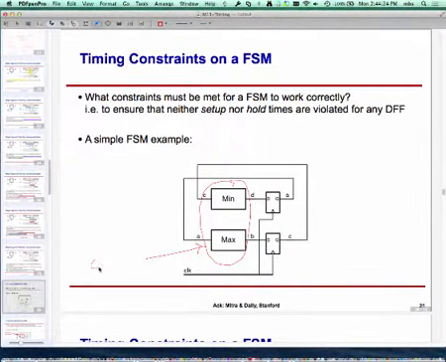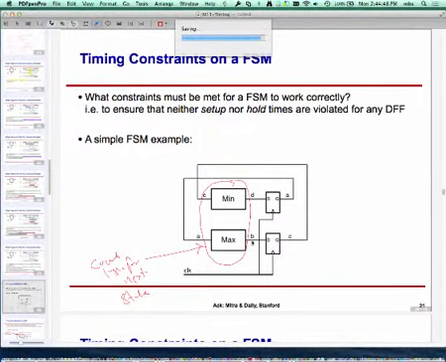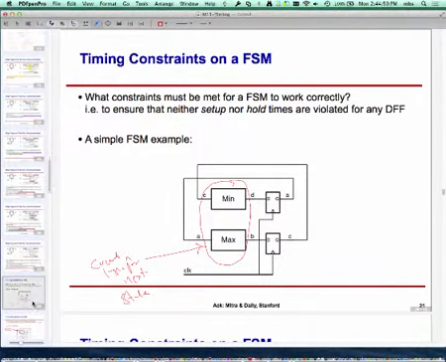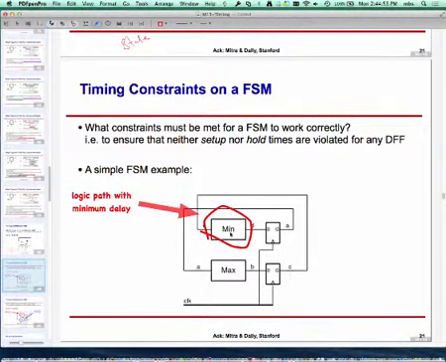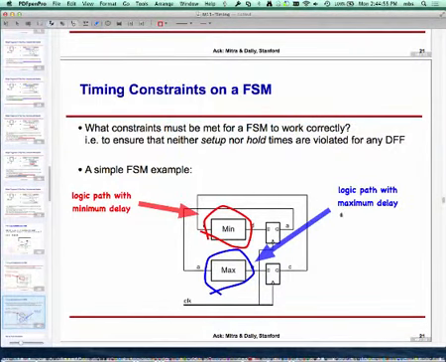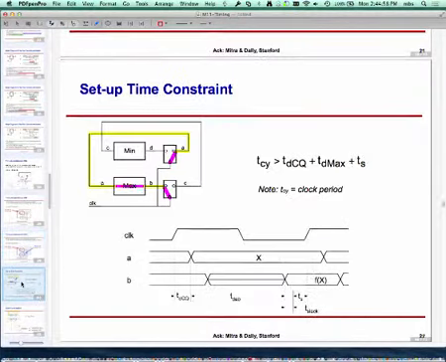Inside this combinational logic there is a minimum path which goes from some input C to some output D, and a slow path which goes from some input A to some output B. So the logic path with the minimum delay is out here, and the logic path with the maximum delay, the slowest path, is out here. Let's see what it means for us.